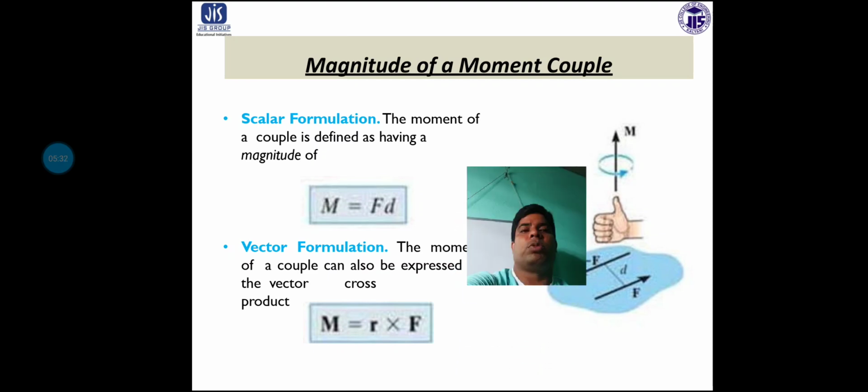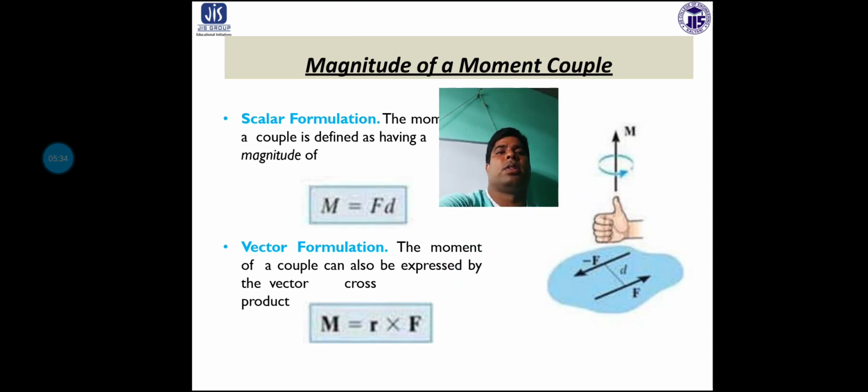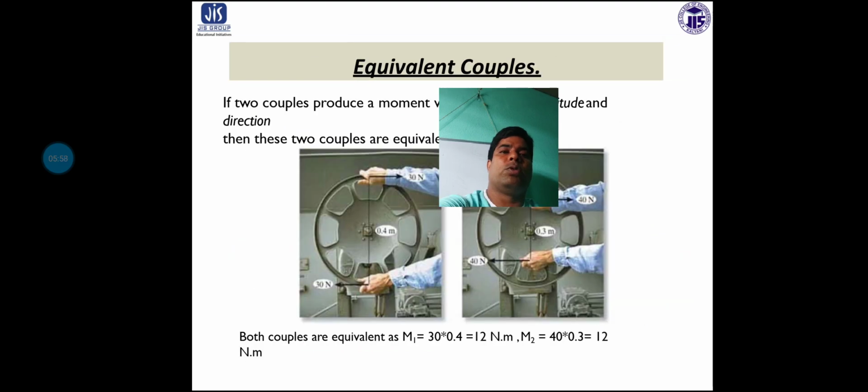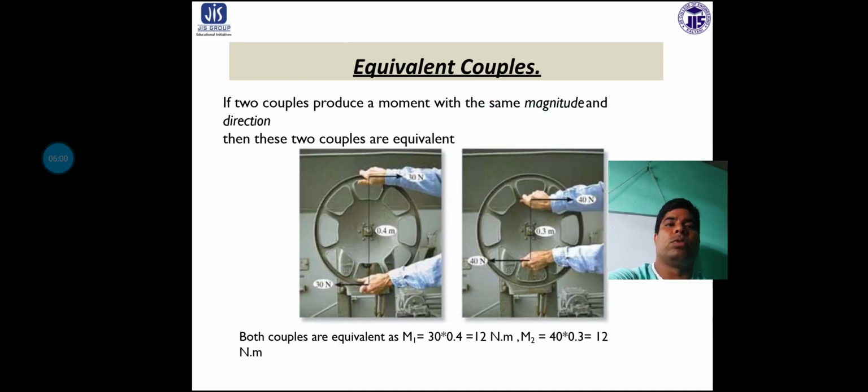Now the vector formulation of a couple: the moment of a couple can also be expressed by the vector cross product. So M is equal to R cross F, where F is the force and R is the distance between the two forces.